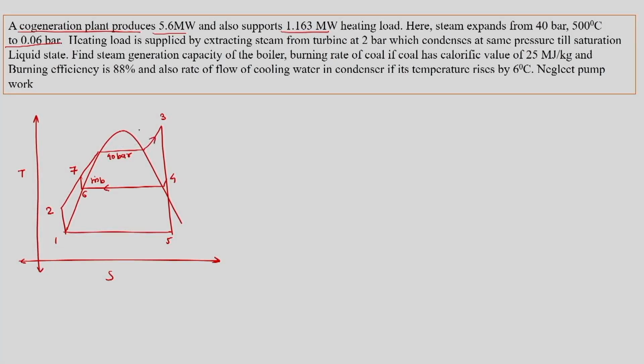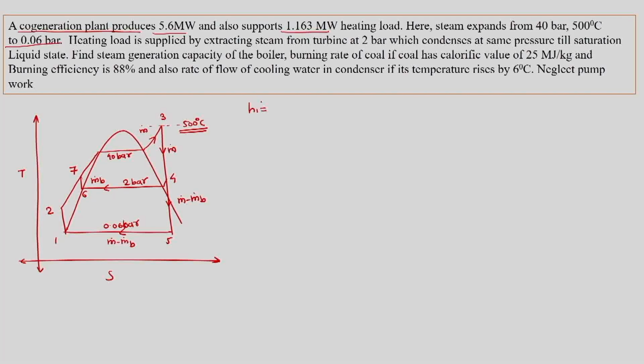Here there is m dot amount of mass, and here it is m dot minus m dot b, and here also m dot minus m dot b, and this bleed is taken at 2 bar. Here it is 0.06 bar, and we know the temperature is 500 degrees Celsius. So this data is given to us.